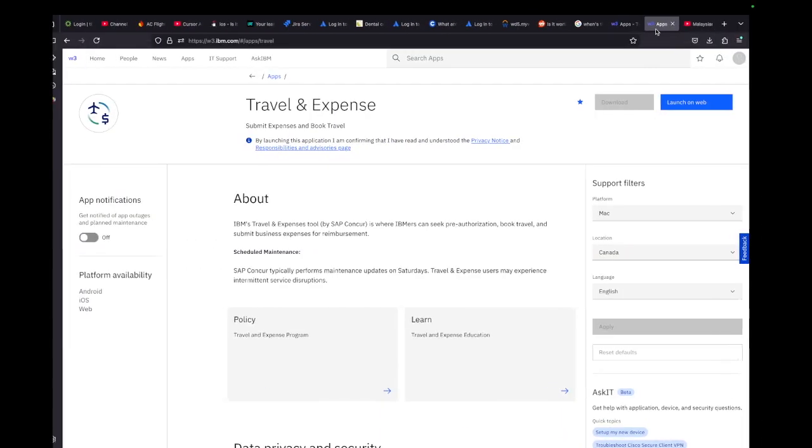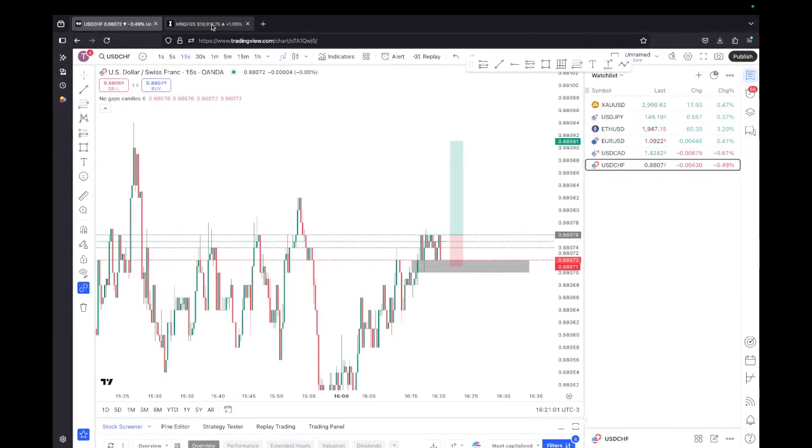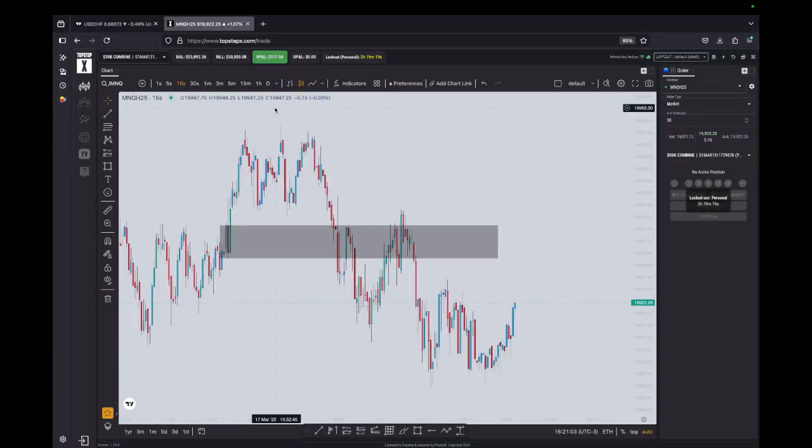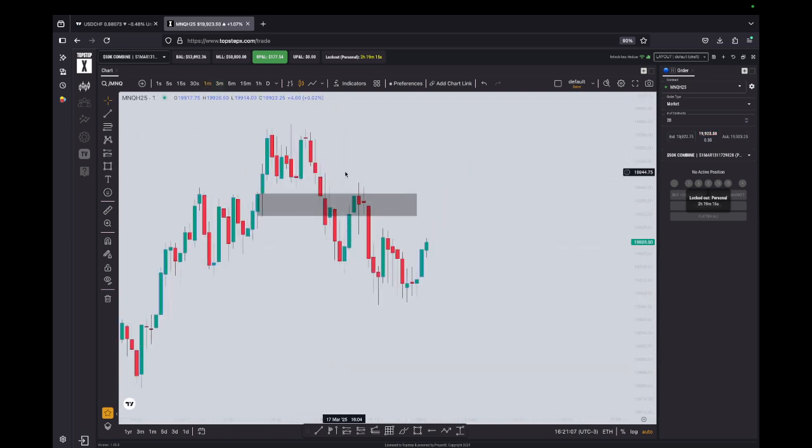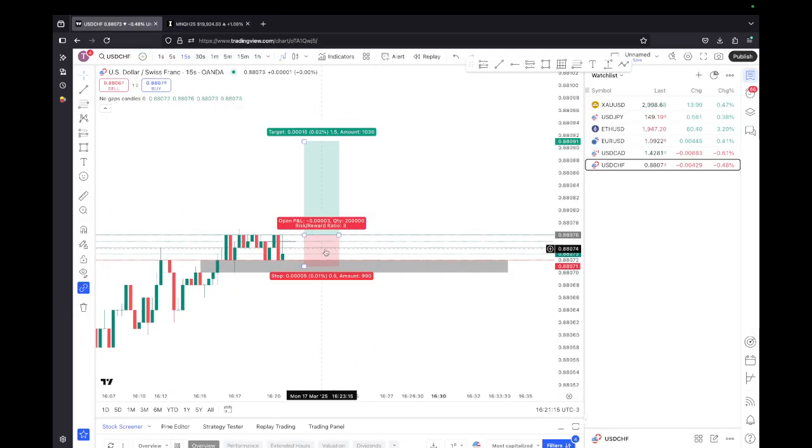On TopStep, if I was doing the same thing, I would have had multiple setups. Let me go to my practice account actually. Yeah, so this is moving really slow, guys. Moving really slow here.